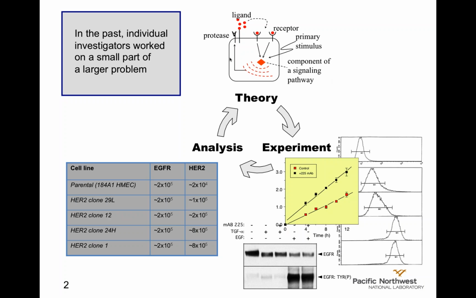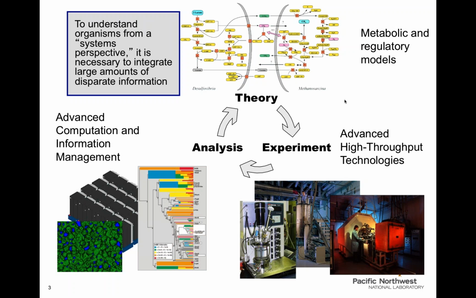But as time went on and things got more and more complex, there became an obvious need to change this paradigm. So instead of just looking at very small theories and ideas, now we look at complex metabolic and regulatory networks. And to be able to analyze such a complex system, we have to go to advanced high-throughput technologies.